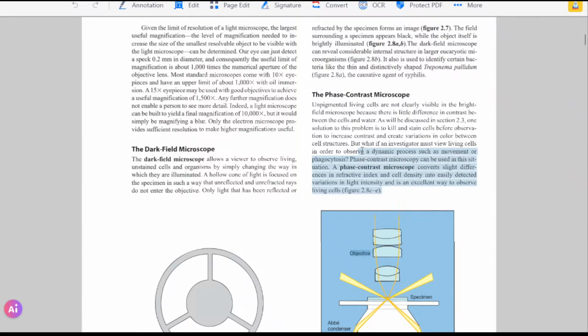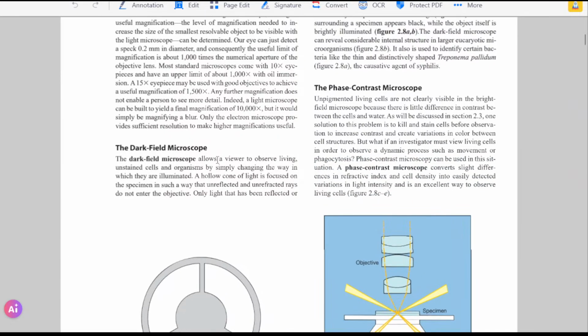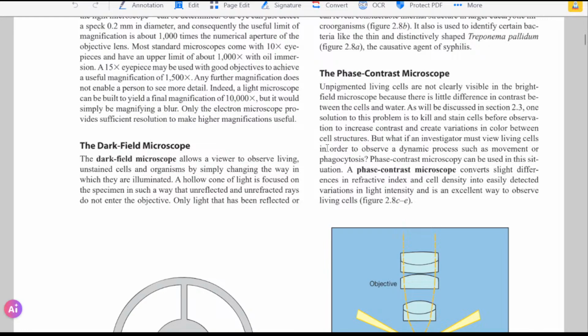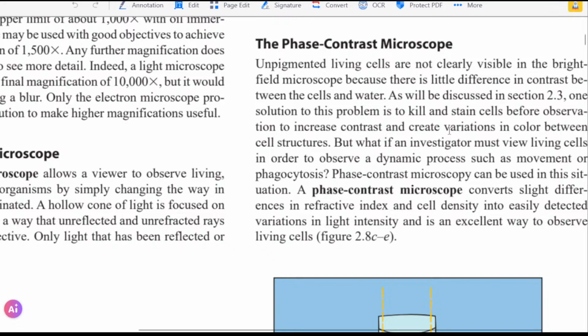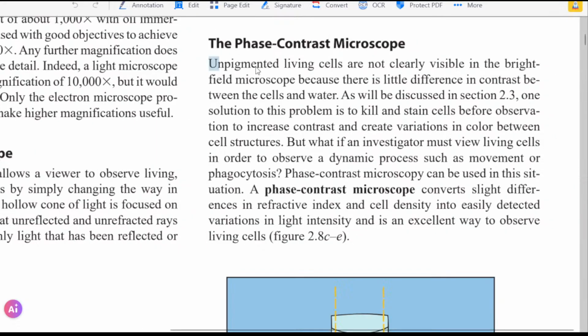So let's see, in the dark field microscope the background was dark, in the bright field microscope the background was white, or you can say transparent. While in the phase contrast microscope, let's see what happens. Unpigmented living cells are not clearly visible in the bright field microscope because there is little difference in contrast between cells and water. They are saying that if in the bright field microscope we don't stain living cells like bacteria and fungi, or if they don't have pigment naturally, they are not clearly visible.